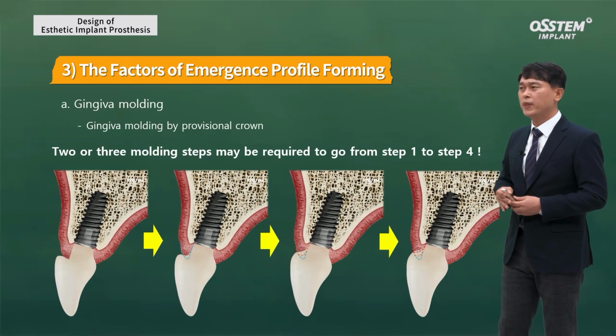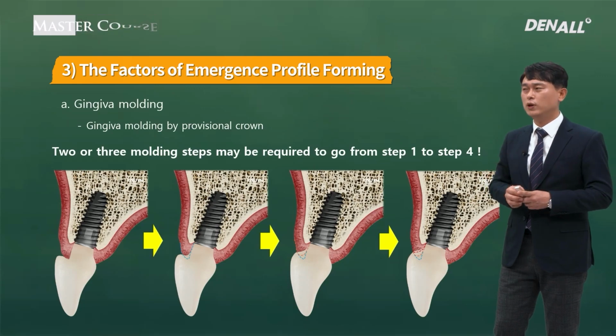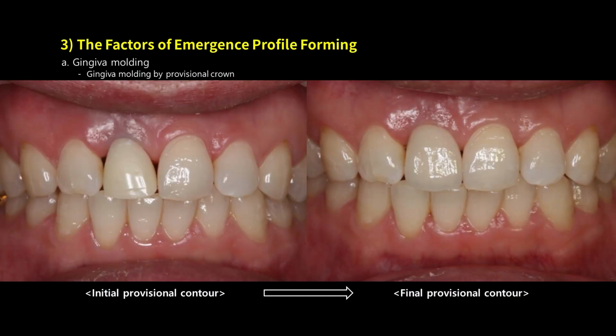That's the prosthetics with a stable emergence profile, and that is a very important role for the temporary. As you can see, on the left, the initial provisional contour is made. It's not very good, so a proper emergence profile is not made. Therefore, slowly, we need to do gingiva molding for the final prosthesis. We need a temporary for that.